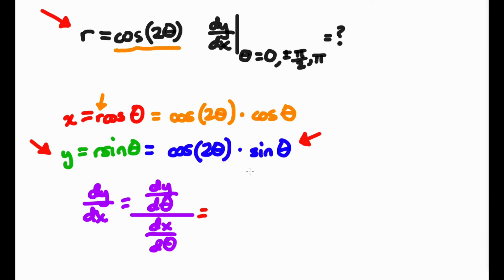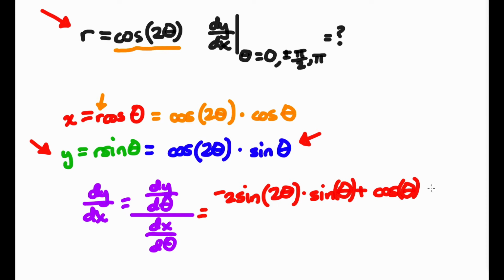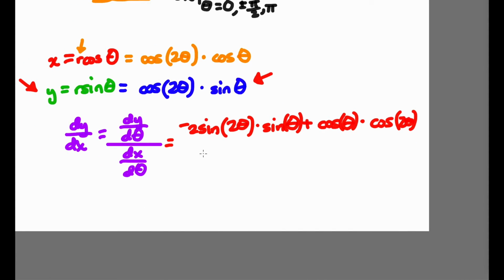So f prime g plus g prime f. f prime is going to be negative 2 sine 2 theta times g, so that's just going to be times sine theta, plus g prime, which is cosine theta, times f. So it's just going to be regular f here, so I'm just going to write cosine 2 theta. Okay, and then all of this is going to be divided by dx over d theta.